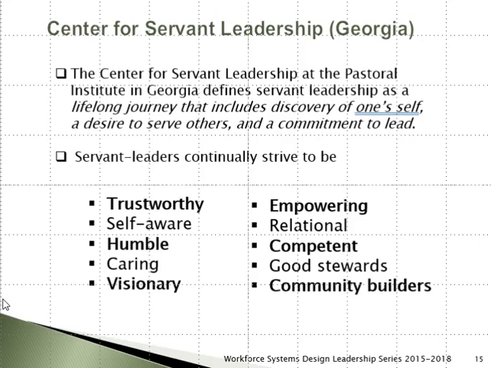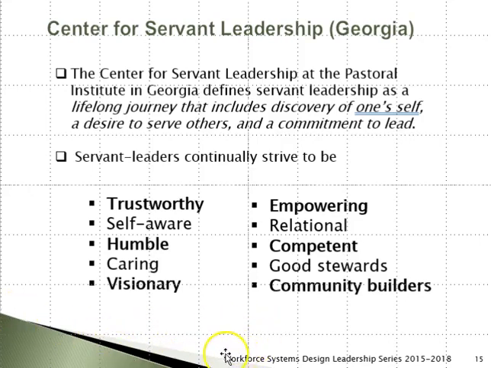William Turner, who was the chief executive of W.C. Bradley Company and at one point the secretary of the board for Coca-Cola, wrote a book where he identified 10 characteristics of servant leaders, and he espoused that these leaders continuously strive to be trustworthy and self-aware and humble and caring and visionary.